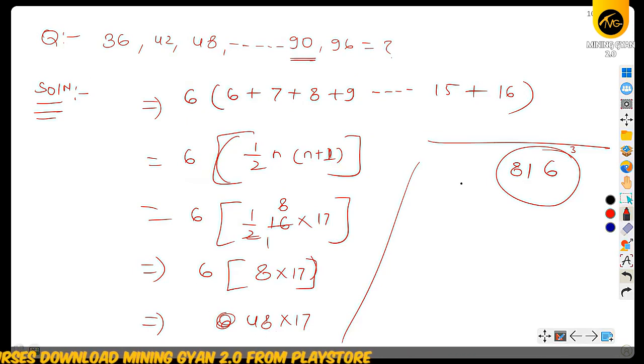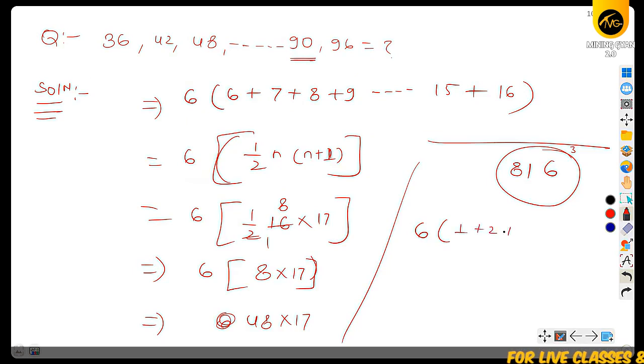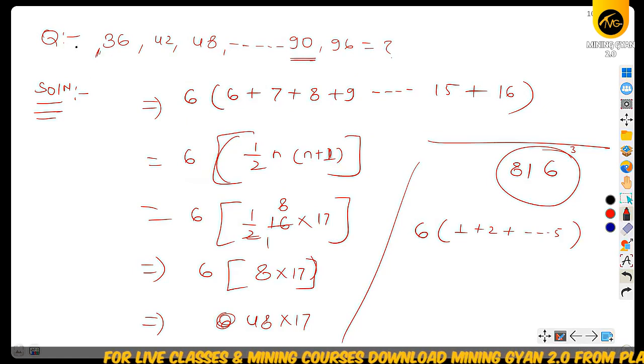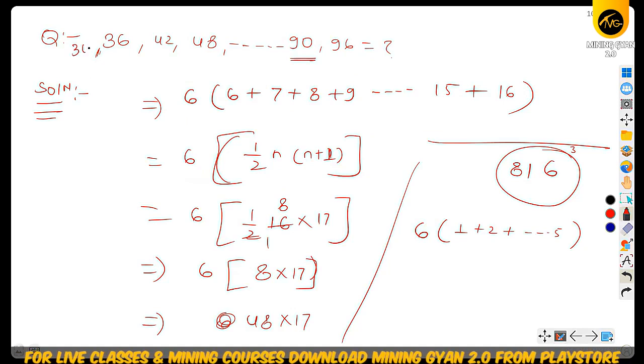Now the second section is to subtract the remaining numbers, that is, the numbers before 36. Before 36, the series is 6 times (1 plus 2 and so on up to 5), that is 30. So just before 36 it will be 30, and similarly 24 and 18, like that.